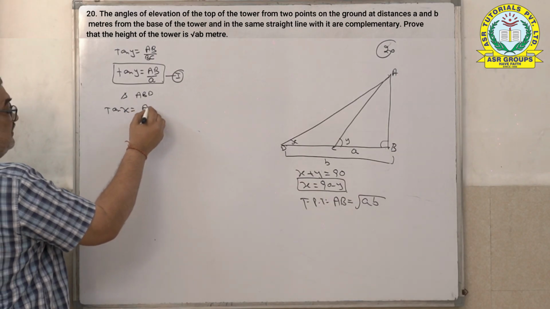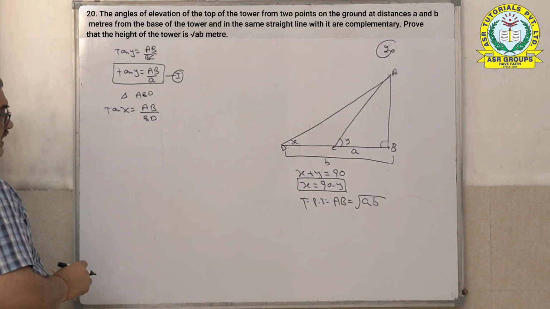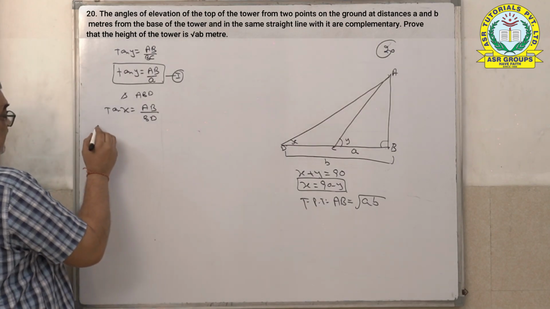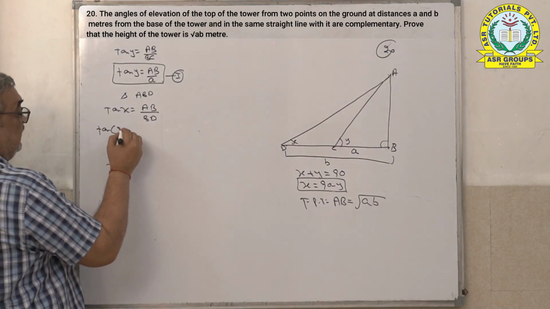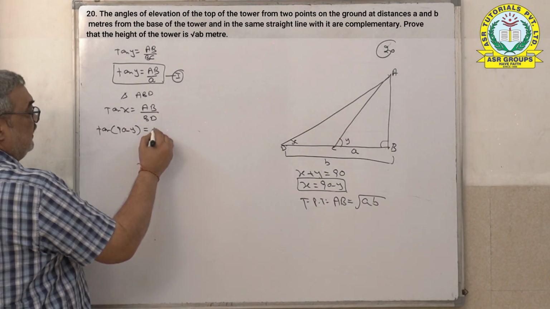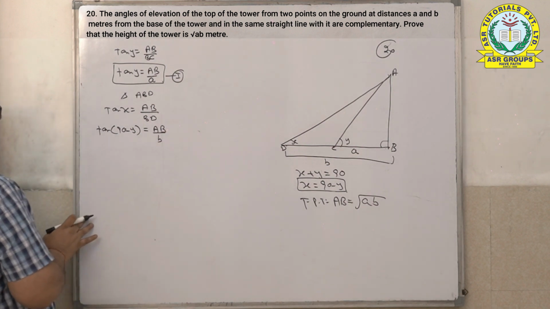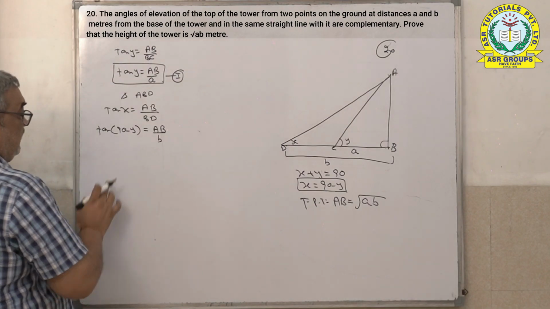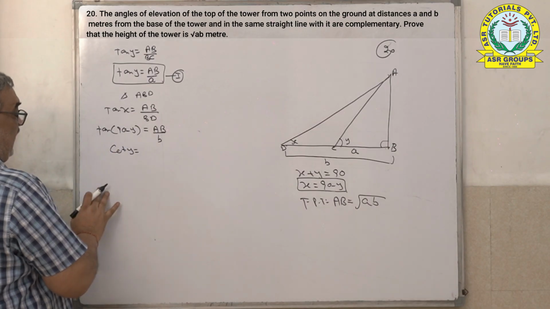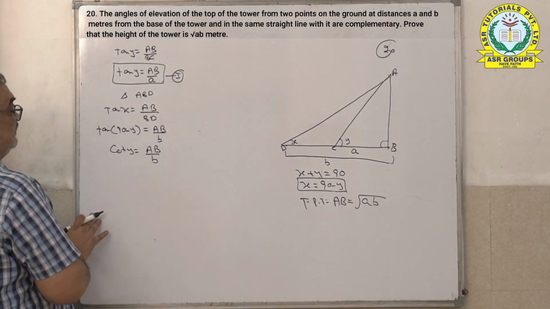Tan x is AB upon BD. In the place of x, I'll write 90 minus y. Tan of 90 minus y is AB upon b. Tan of 90 minus y is cot y, equal to AB upon b.